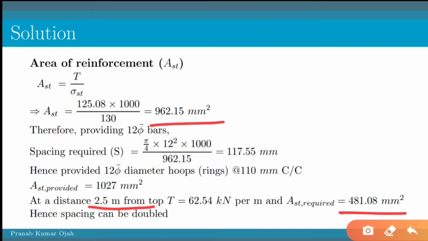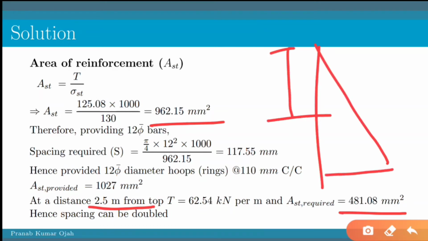So above 2.5 meter of height, for this portion we can provide the area of steel 481.08 mm square. So what can we do?